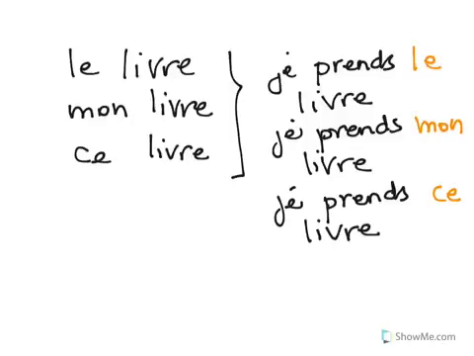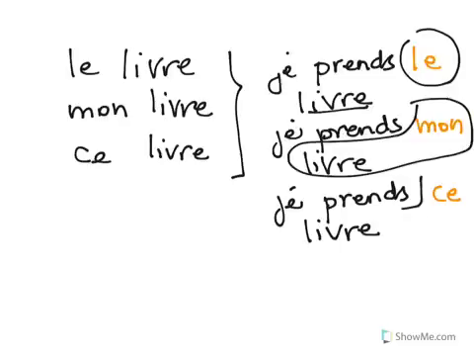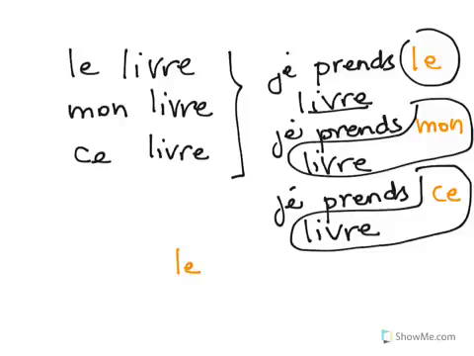So just like in English, if I say I take the book, my book, or this book, I'm going to say I take it, no matter which one. Well, in French it's the same. Le livre, mon livre, and ce livre are going to be replaced by the same pronoun, that is le. And I'm going to say je le prends.